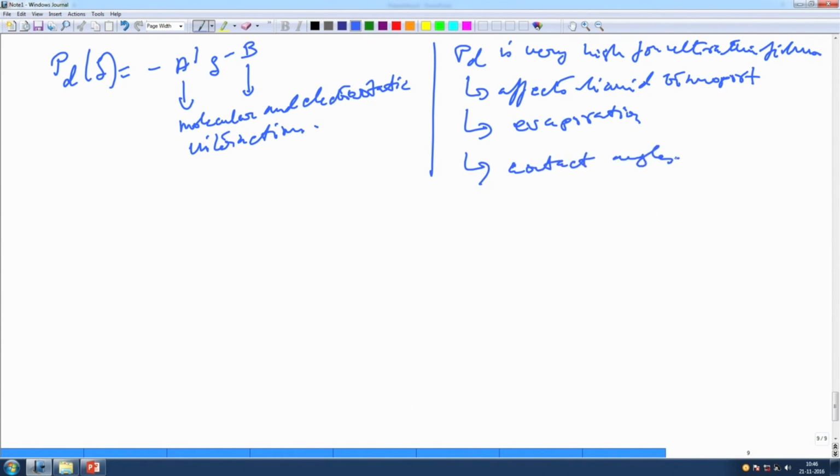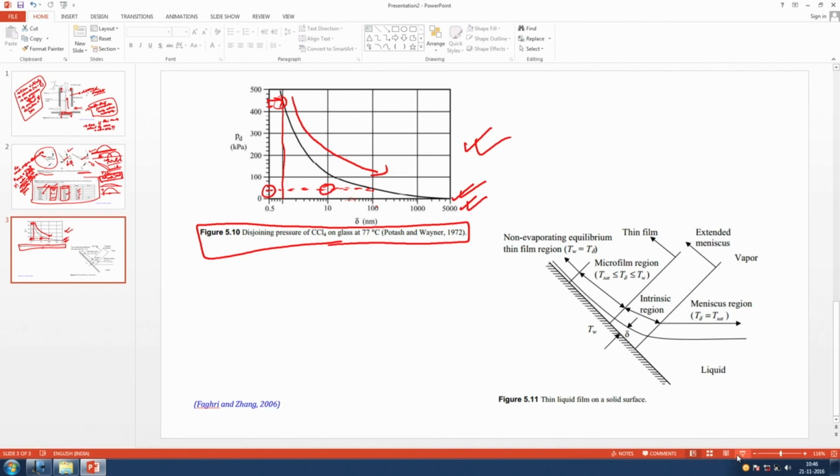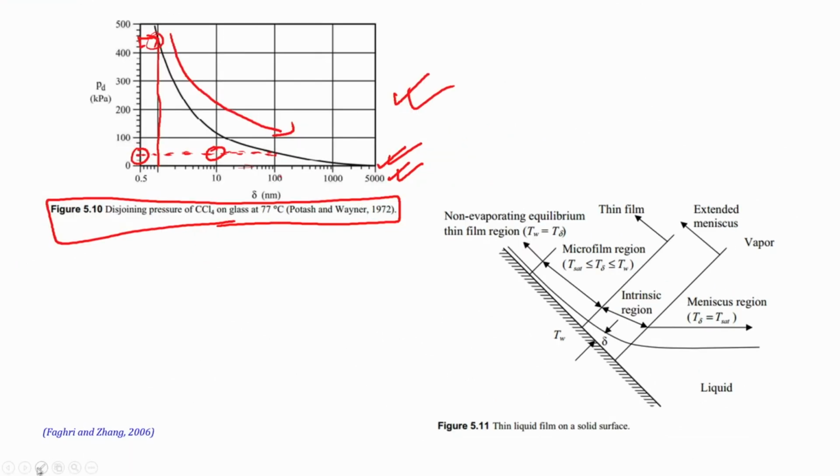So, this actually shows that PD is a very important parameter, especially when we go down to very thin film dynamics. That would be the next. If we look at a situation like this, let us look at the presentation once again and pick the pen.